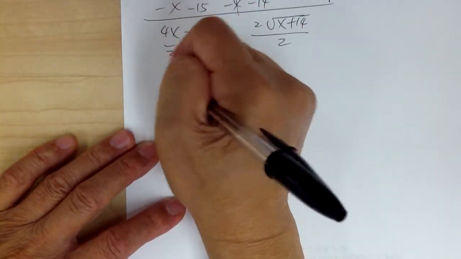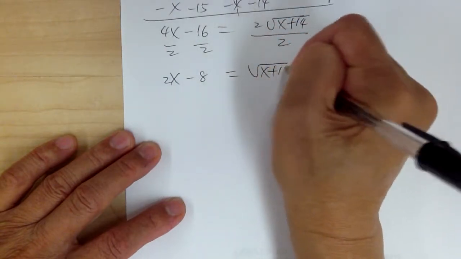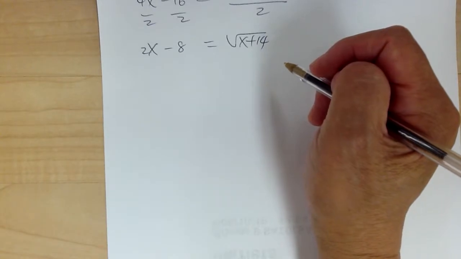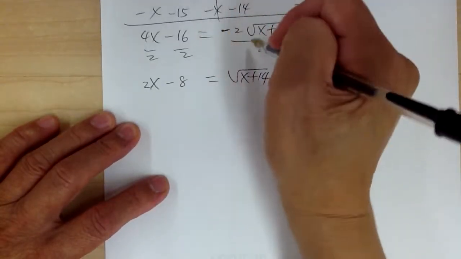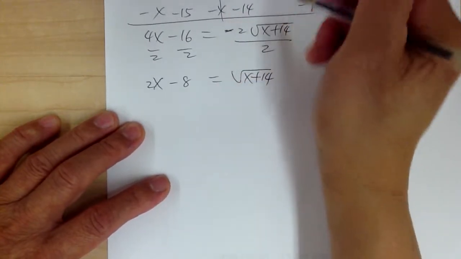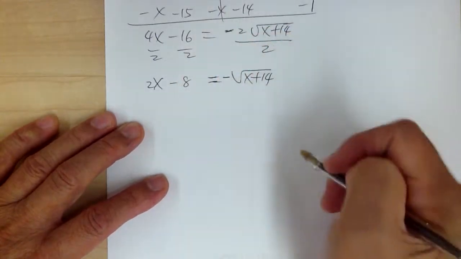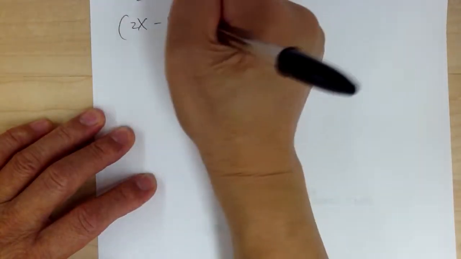So I get 2x minus 8 equal to square root of x plus 14. Okay, and this would be minus 2. So this is going to be a negative. That's fine.